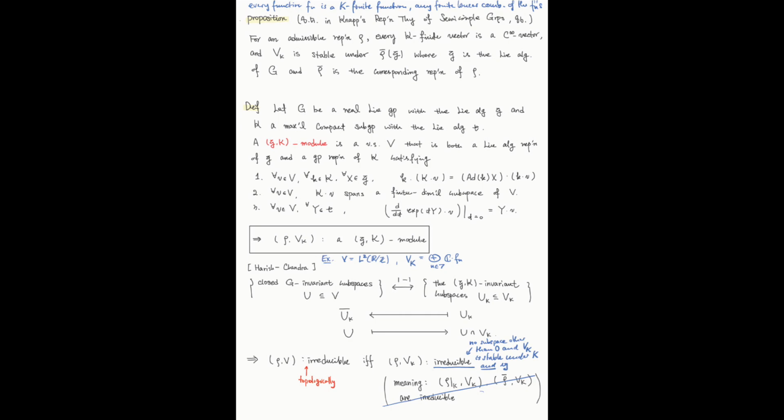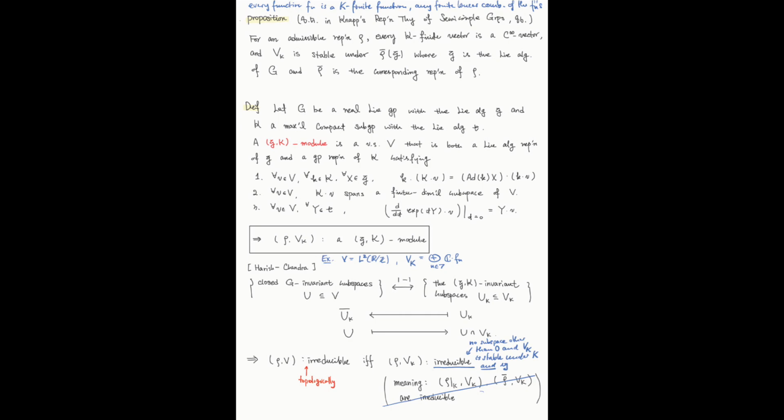Again, in the example we had before, V would be L2(R/Z), and then V_K is the direct sum of these f_n's. From a purely algebraic point of view, this is a nicer space to work with, and from an analytic point of view, V is maybe nicer, since it's a complete vector space, whereas this is just an algebraic vector space.